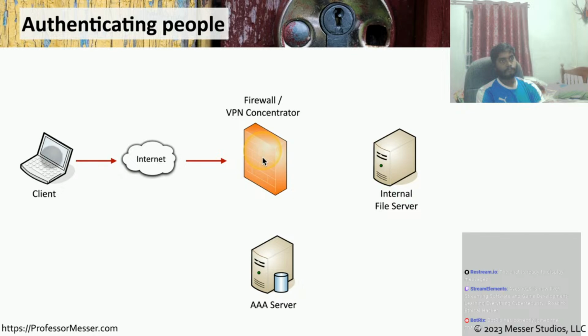So we're going to provide a username and password and send that information over to the VPN concentrator. The concentrator itself doesn't have any information about usernames, passwords, authentication factors, or anything else. And in most organizations, all of that information is stored on a central server, and we refer to that as a AAA server. This AAA server is going to receive the request from the VPN concentrator.